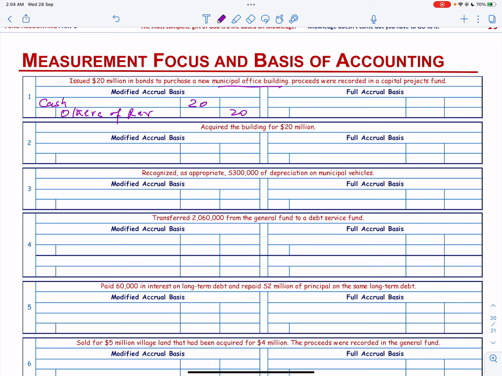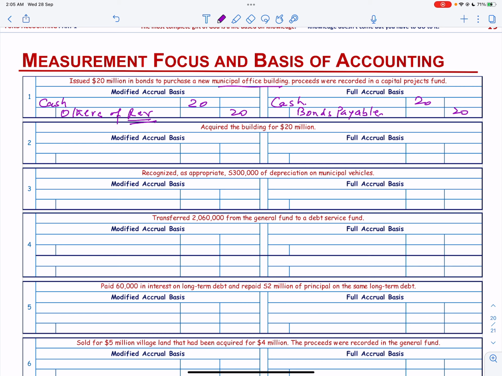The money is borrowed by issuing bonds, and since the government has borrowed to purchase the building, this will be recorded as capital project fund. Remember that under modified accrual basis, we record borrowings as revenue, which is a governmental fund. Under full accrual basis, cash will be debited and bonds payable is credited for 20 million.